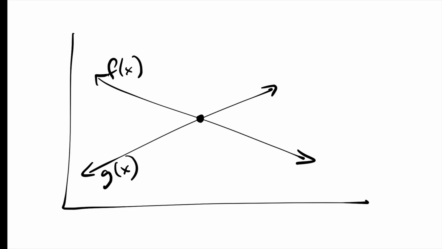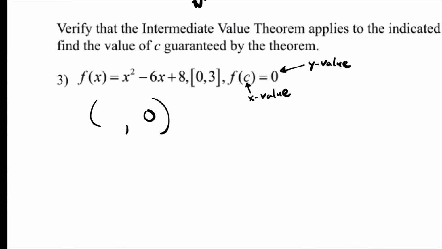What do I do? There you go. Anytime you want to see where something crosses with something else, you always set them equal to each other. Always. It doesn't matter what kind of function it is. If you want to figure out where something crosses, you set them equal to each other.